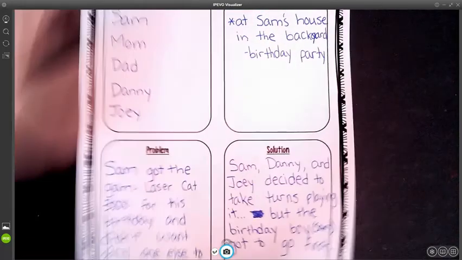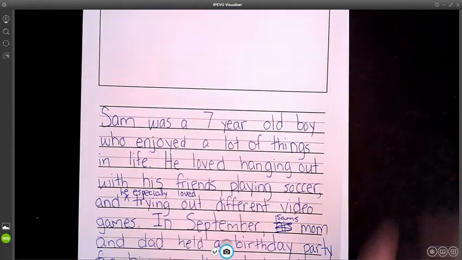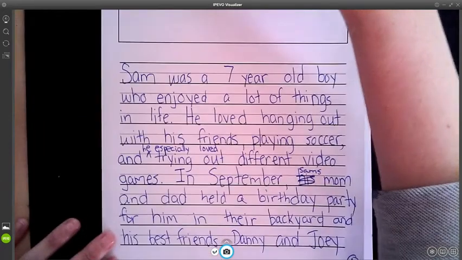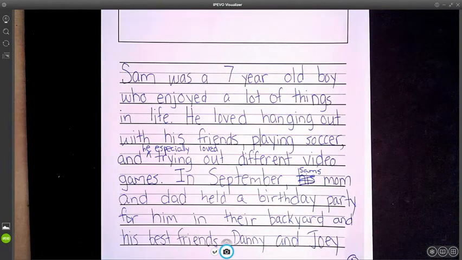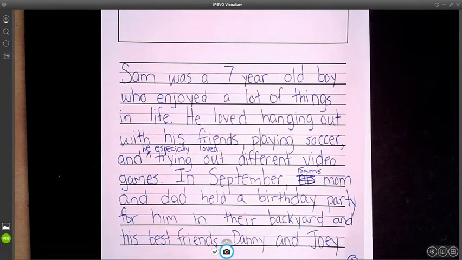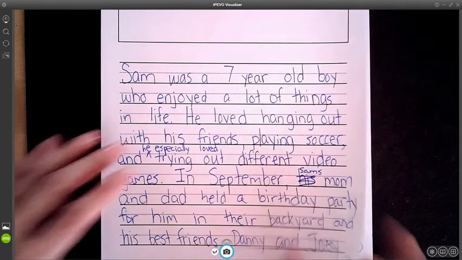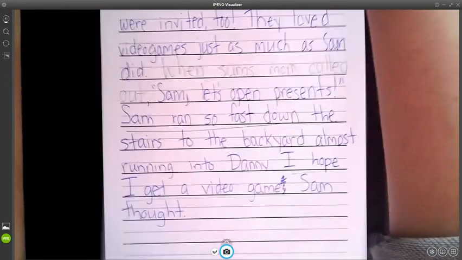So, let me read my story to you here, and I will point out the thoughts and feelings that I've added. Sam was a 7-year-old boy who enjoyed a lot of things in life. He loved hanging out with his friends, playing soccer, and he especially loved trying out different video games. In September, Sam's mom and dad held a birthday party for him in their backyard, and his best friends Danny and Joey were invited too.